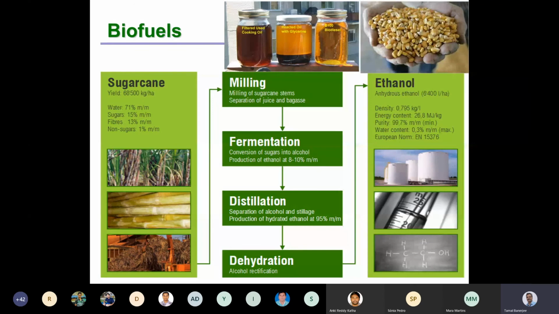So, for example, here the sugar cane. In Brazil, we have a big industry about that, using sugar cane juice, molasses of sugar cane, and many researches about using the sugar cane bagasse and everything to make sugar or ethanol.